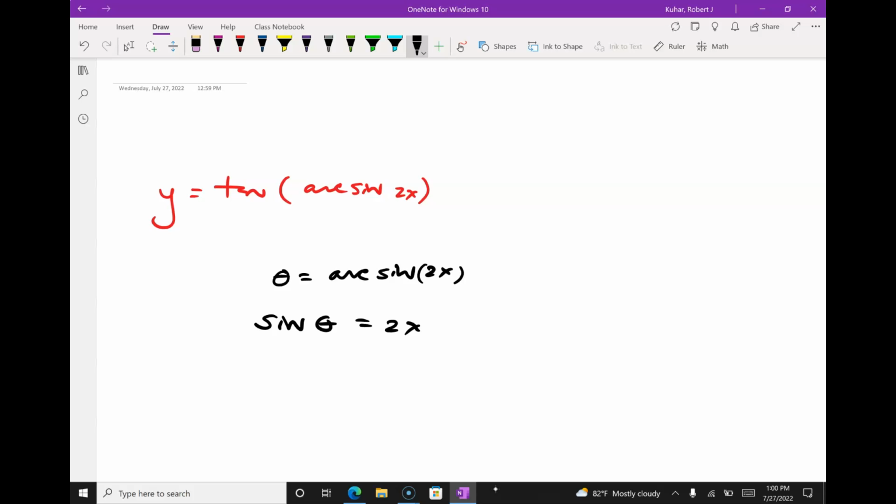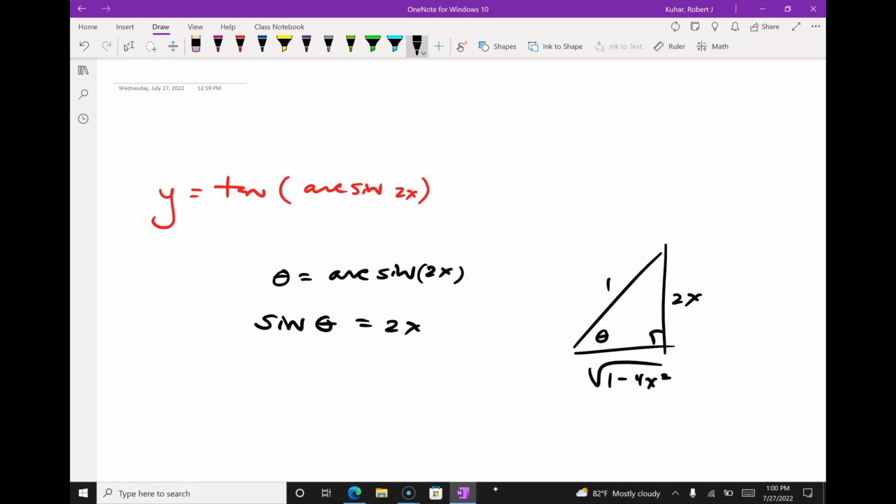So now I have a triangle with a ratio of 2x over 1, and the other side is square root of 1 minus 4x squared. I'm doing that Pythagorean theorem in my head very quickly because I've done them every year for 10 years, but if you want me to show that, I will.